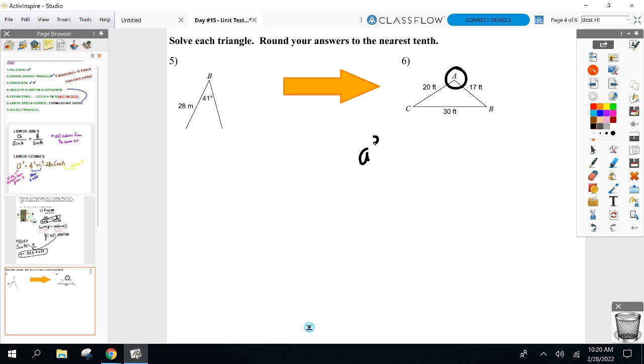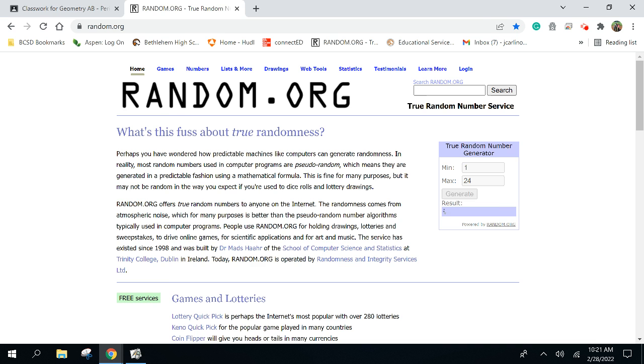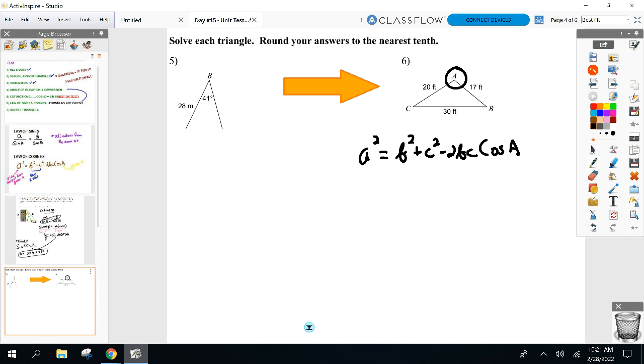Here we go. A squared equals B squared plus C squared minus 2BC cosine A. Again, not wasting your time. I know it's going to be on there. What side do I plug in for A now? The side across from the angle. If we're working with angle A, what's across from it?